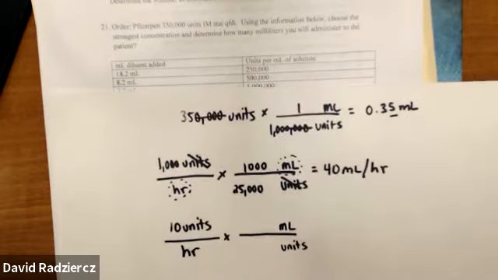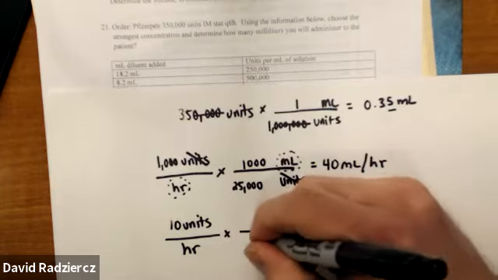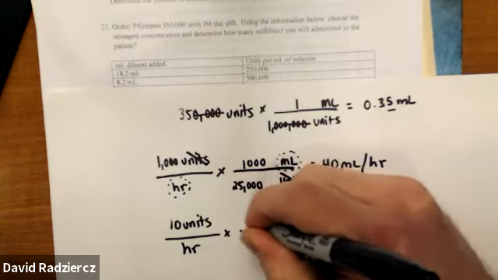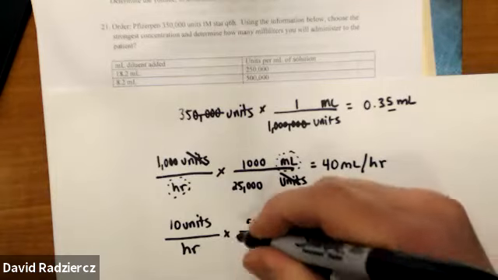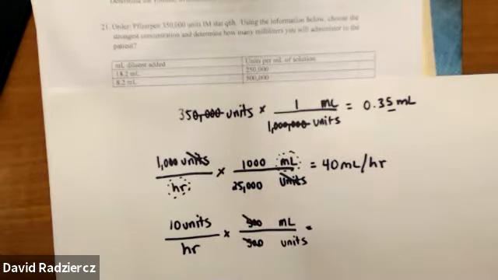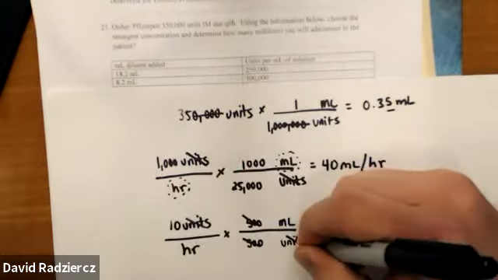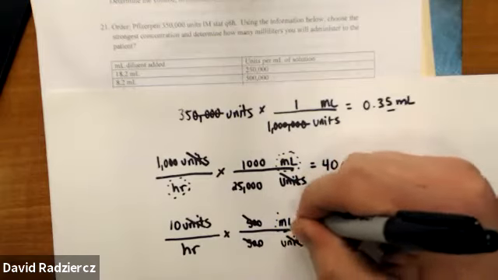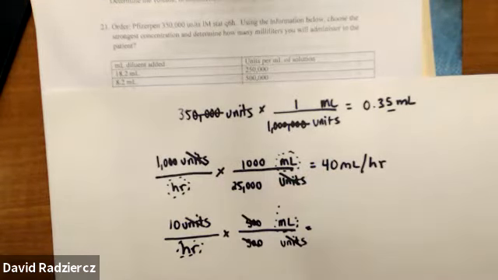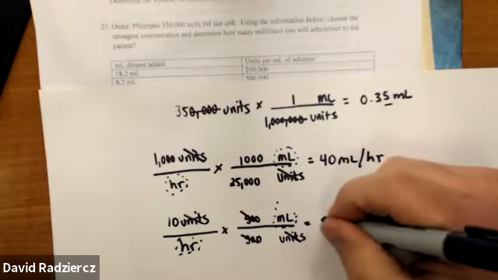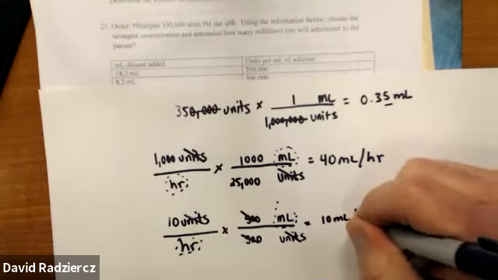And then 500 units, 500 milliliters. And then you can see here that these cross each other out. I'm done with units. I'm left with what I'm looking for, which is milliliters per hour. And what I'm going to get is 10 milliliters per hour.